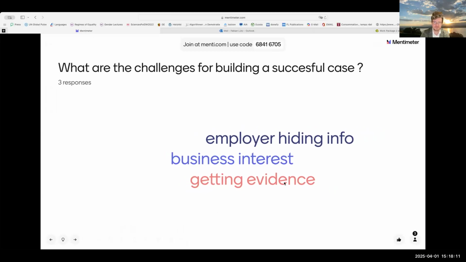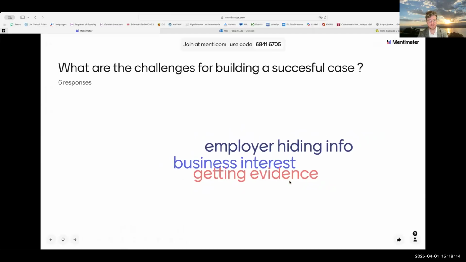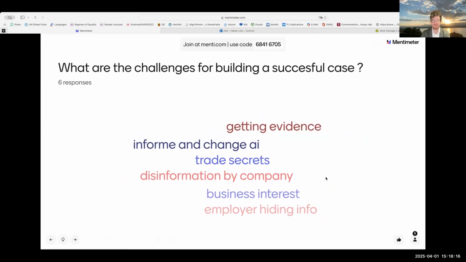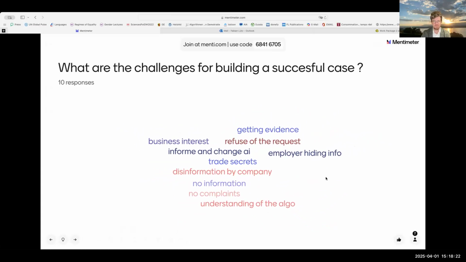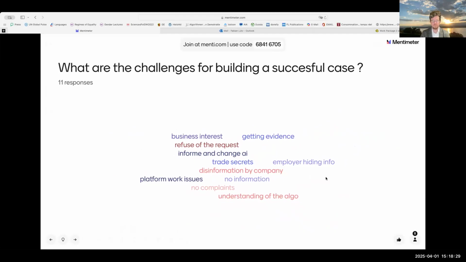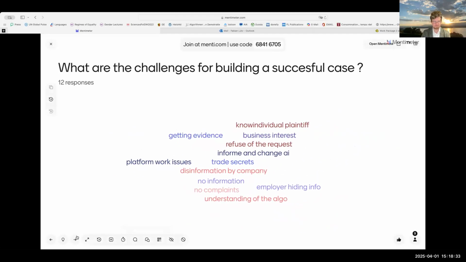So again, business interest, employer hiding info, getting the evidence. I think these are the main challenges indeed. Trade secrets. No information or complaints. I think you understand where this is going.